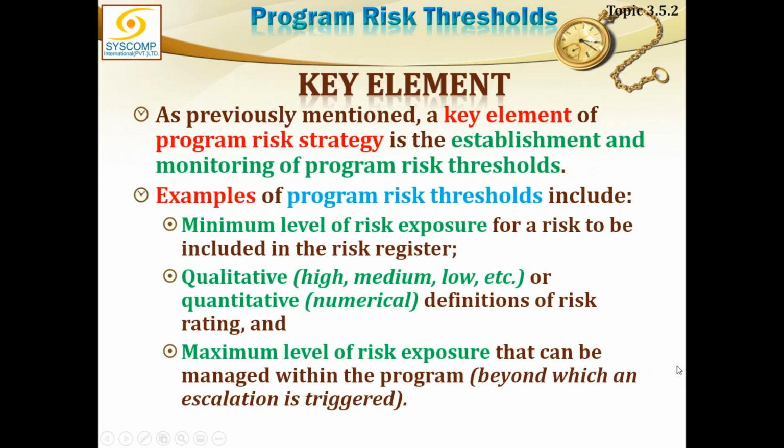What are the key elements here? As previously mentioned, a key element of program risk strategy is the establishment and monitoring of the program risk threshold. The program risk threshold has to be established. So examples of program risk threshold may be: number one, the minimum level of risk exposure for a risk to be included in the risk register.